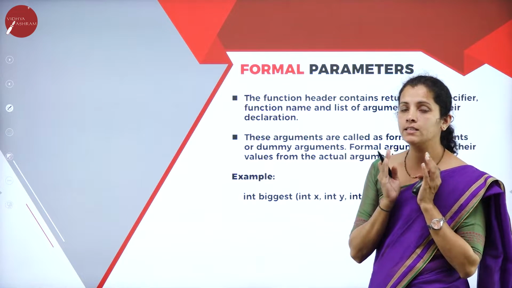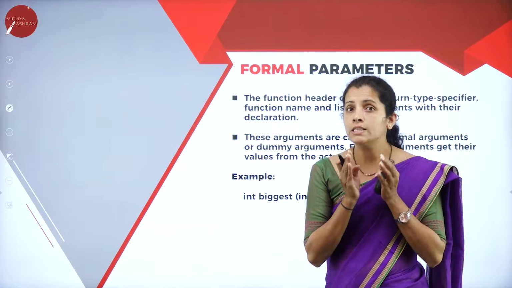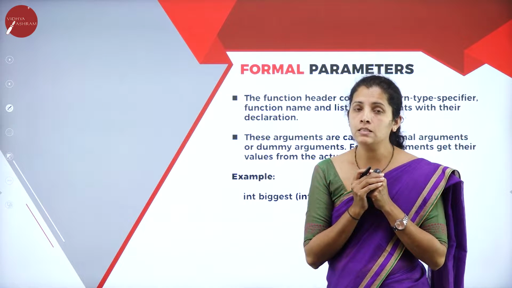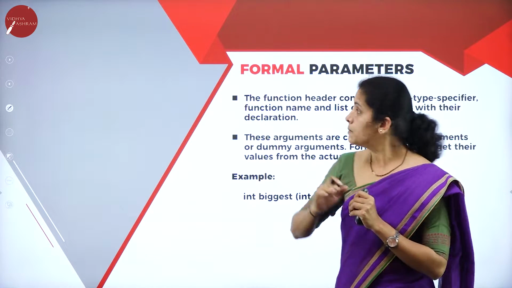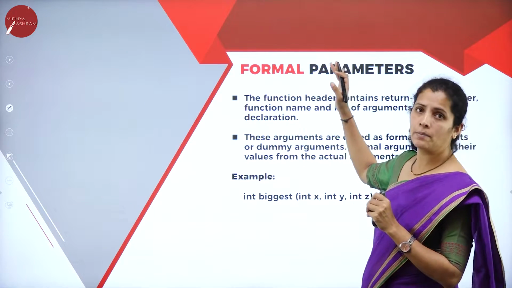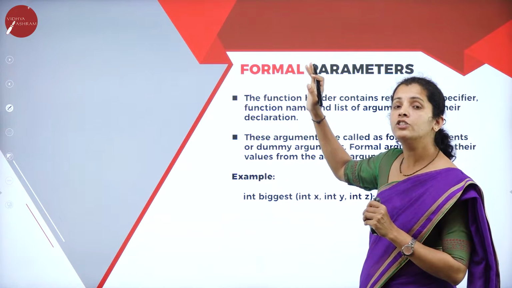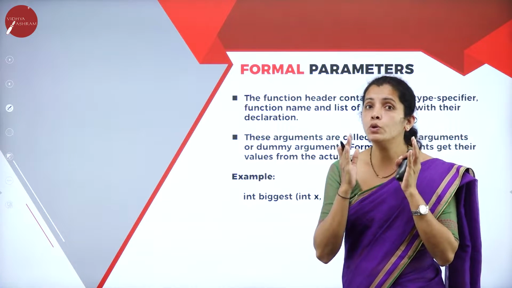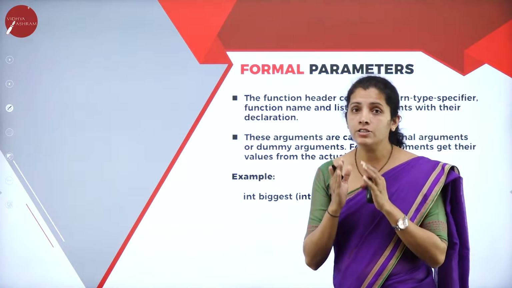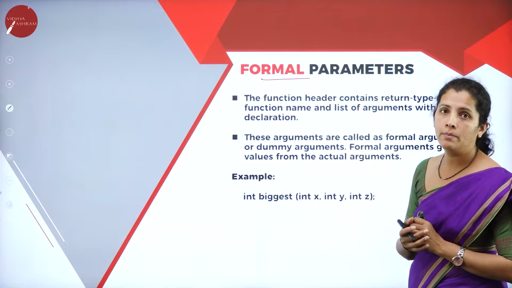Moving further, I'm going to have formal arguments. So dear student, just remember one thing: when I say actual variables, just remember function call as well as variables. Then what about formal parameters? Here it's nothing but your function definition. Whatever parameters I use in my function definition are called formal parameters.